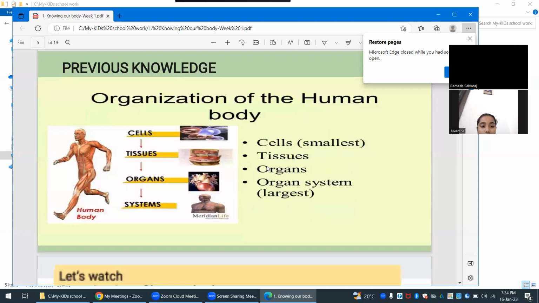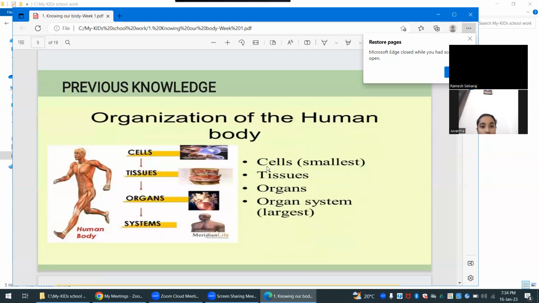Okay, so previous knowledge means you should know about these things from the previous classes. This is one important thing they will ask you in the exam: what is the smallest part in the human body? If you see, the smallest part is the cell.